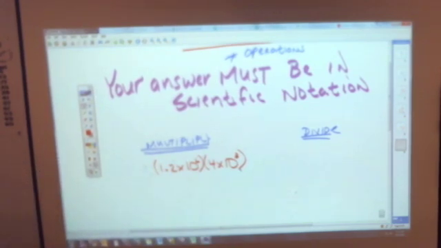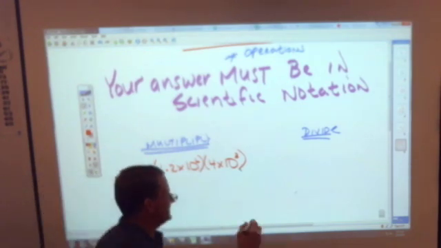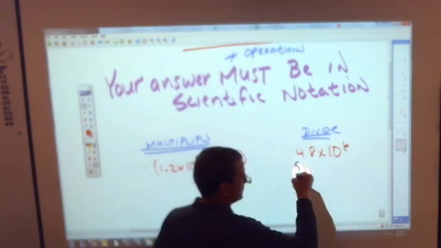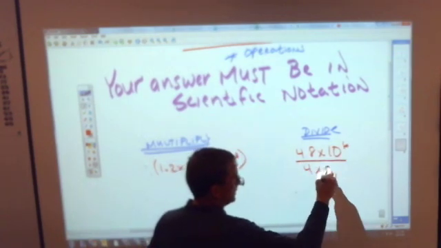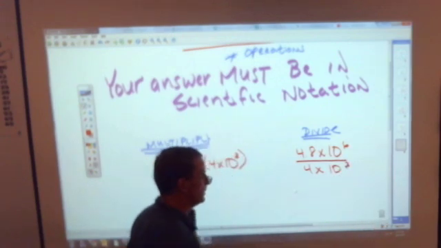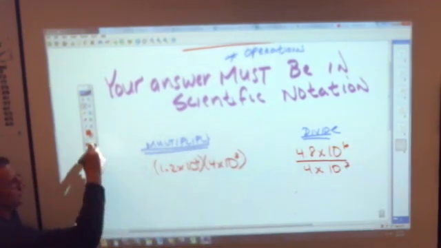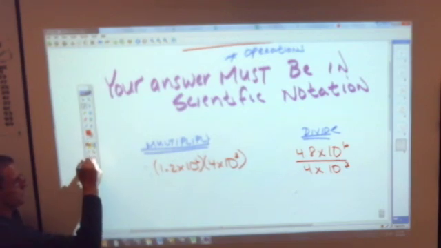And an example of a division problem would be when you have scientific notation in a fraction form, something like this: 4.8 times 10 to the 6th over 4 times 10 to the 3rd. All right, so you can see the difference there. This one's multiplication, that one's division.